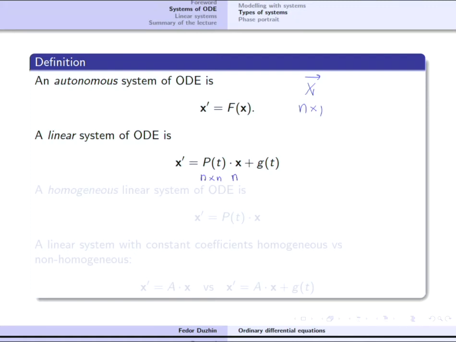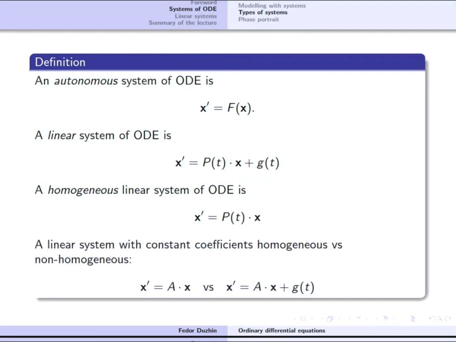So x is n times 1, x prime is also going to be n times 1, and g of t is also a vector of size n times 1. Then everything is consistent. A homogeneous linear system is a linear system with the missing plus g of t. If g of t is 0, then we get a homogeneous system.